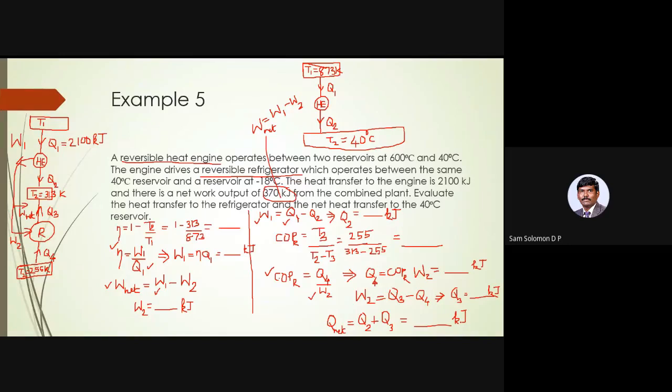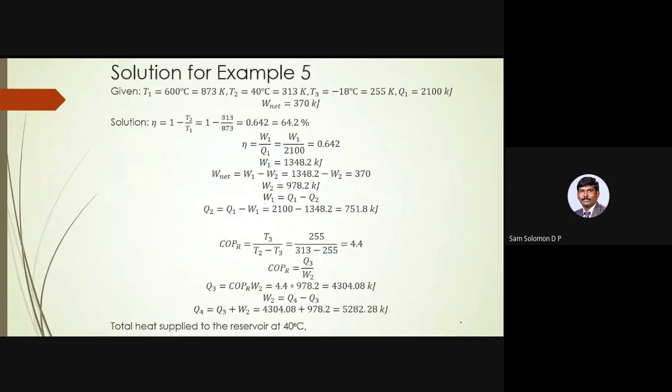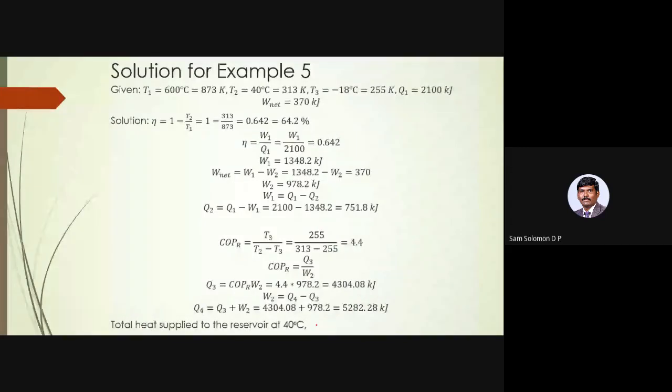So if we check the answer, we find the efficiency to be 0.642. This is for the heat engine. And here I have kept everything in kilojoule. So I have substituted the values in kilojoule directly, so I have got the answer in kilojoule directly.